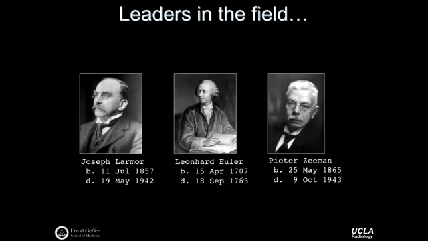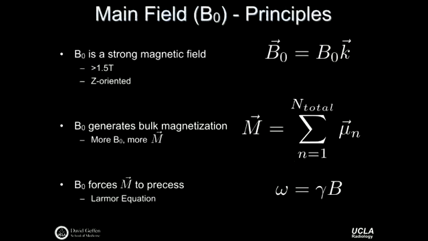It's a way of using complex exponentials to describe vector quantities, which is very useful in MR. I'm not positive we'll get there today. And we'll learn a little bit about Peter Zeeman and the so-called Zeeman splitting phenomena. So just a few of the players in the field, if you will.